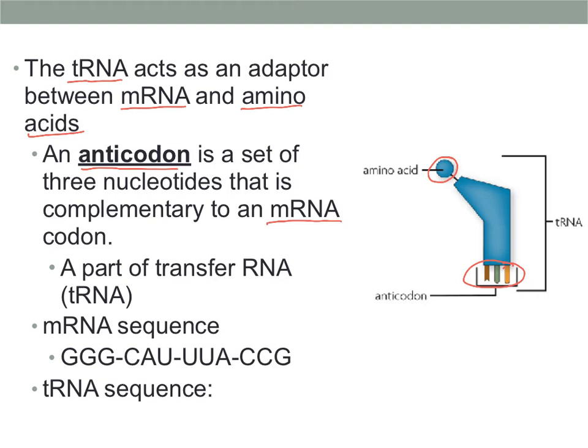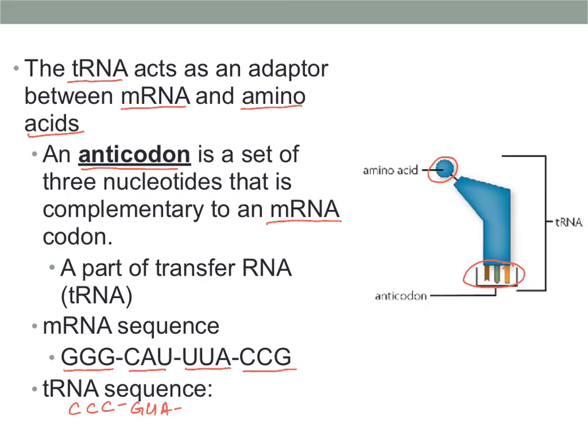So if the messenger RNA sequence was GGG, CAU, UUA, and CCG, the tRNA sequence, which would be the RNA complement to GGG, would be CCC. The complement to CAU would be GUA.